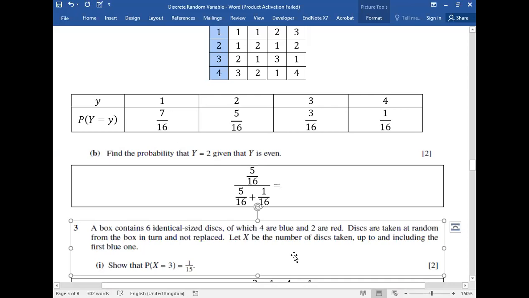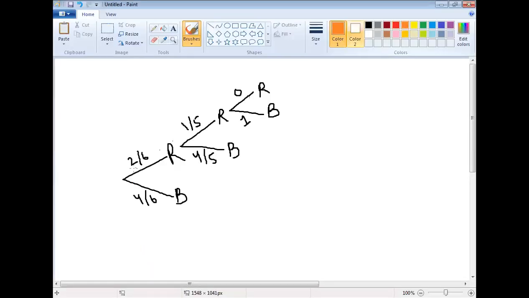Is that clear? So the first part says probability x equals 3. What does this notation mean? Yes, the third disc taken out is the first blue one. So which path should we follow? Very good.